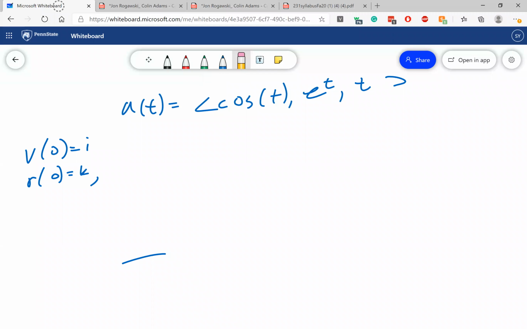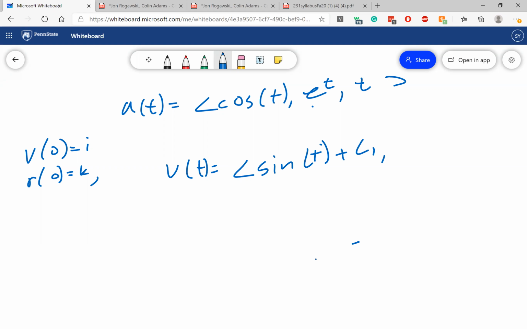Okay, so now the velocity is going to be equal to the antiderivative of the acceleration. So this over here is going to turn into sine of t plus some constant C1. And then this over here is just going to be e to the t plus some constant C2.